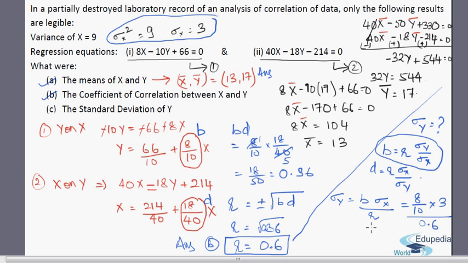So when you work this out, the value of sigma y will be 4. Therefore the answer for the third one, that is the solution for C, is sigma y. So you need to find sigma y here, right? Sigma y equals 4.